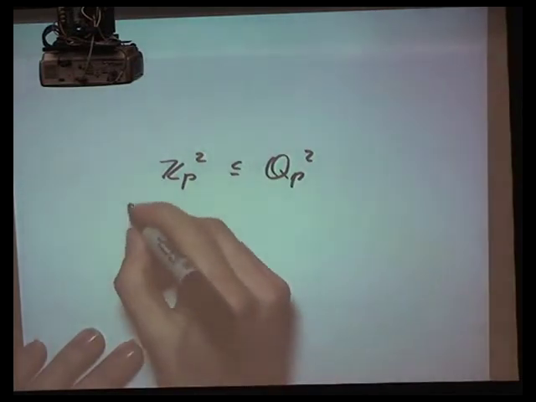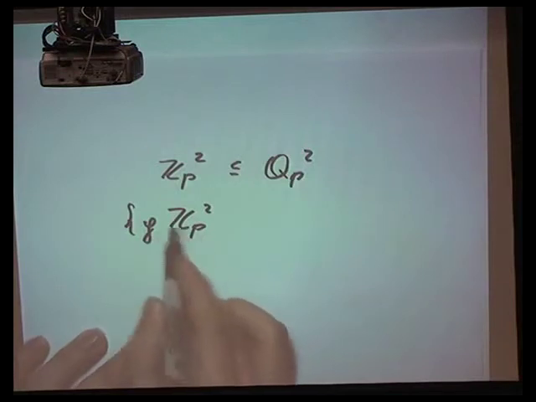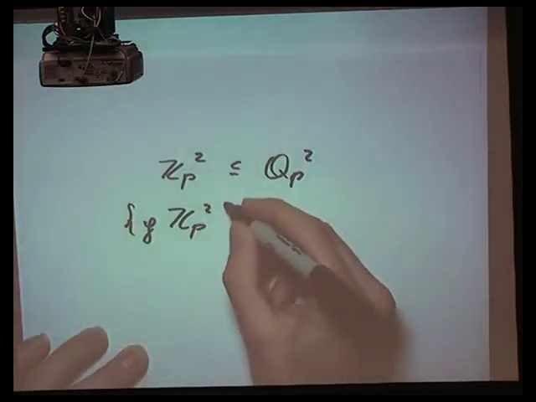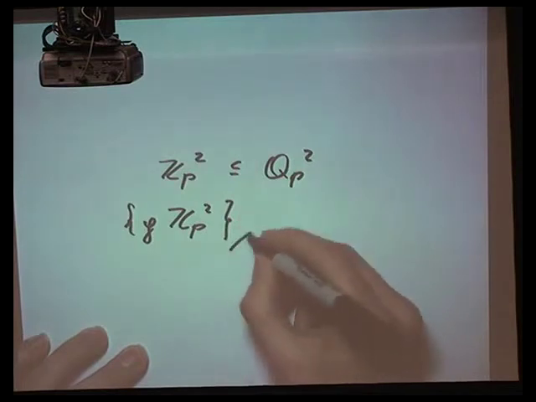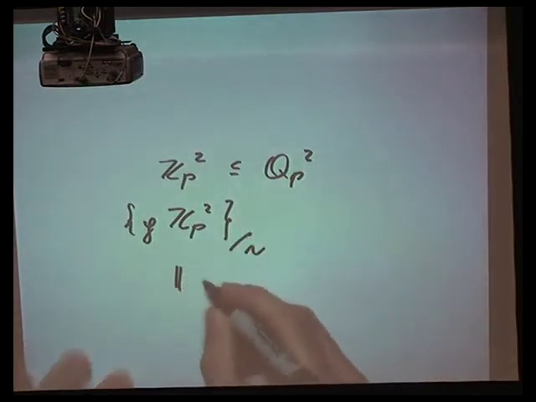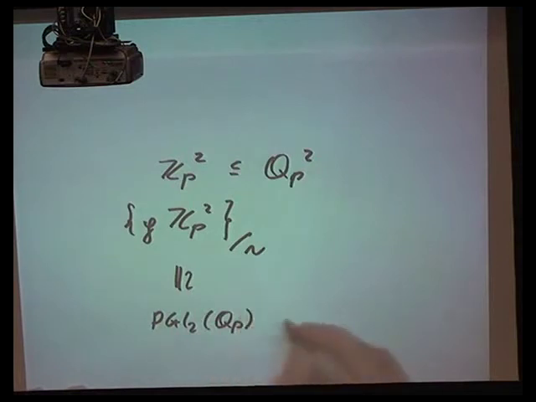The space of all deformations of CP squared up to homothety equivalences is isomorphic to the quotient PGL2QP mod PGL2CP.